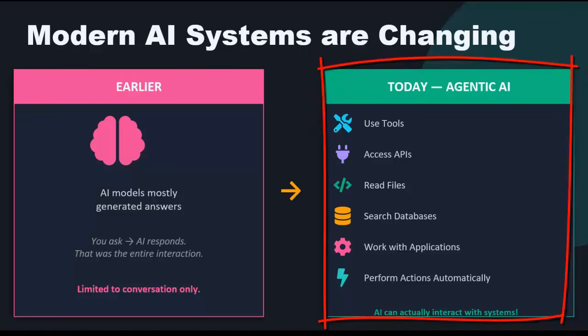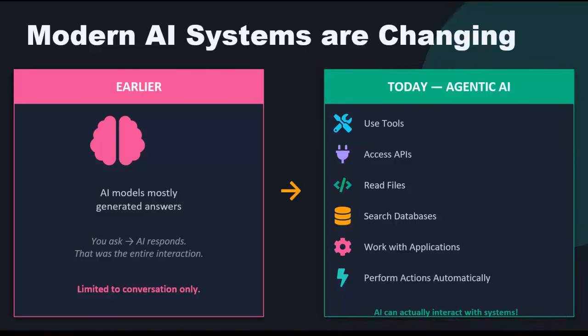Today, AI agents can use tools, access APIs, read files, search databases, work with applications, and perform actions automatically. And this is where agentic AI becomes really powerful, because now AI is not just generating text. AI can actually interact with systems and perform the task.